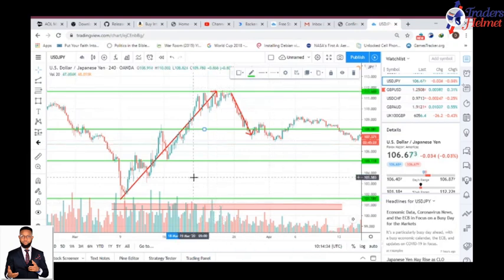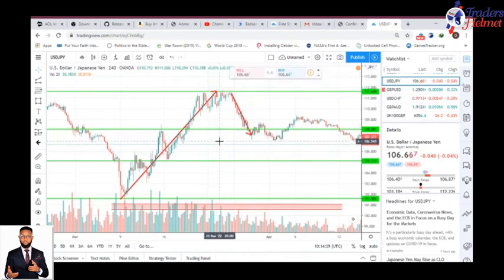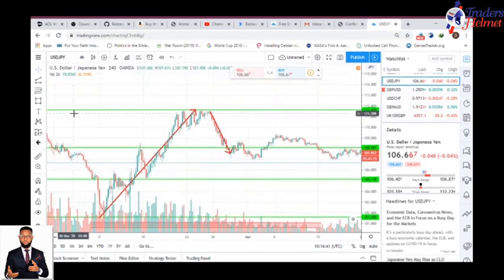So if you want to sell, you're expecting price to fall, you take your trade here. If you are taking a sell from the resistance points, you're selling high.